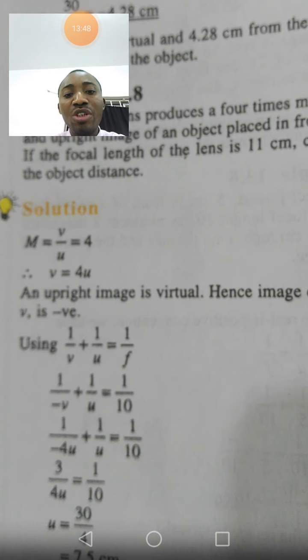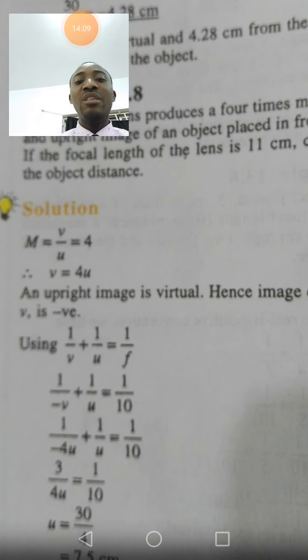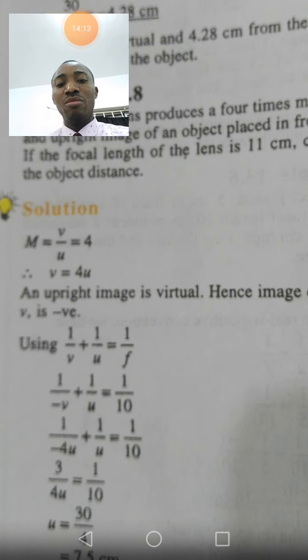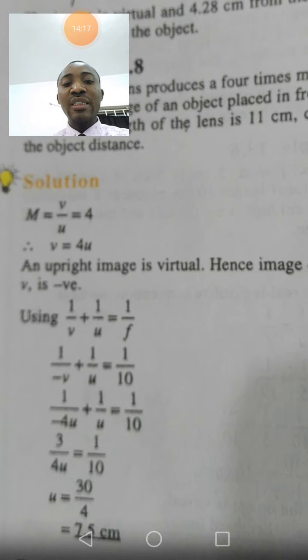Now, this equation, 1 over v plus 1 over u is equal to 1 over f, is also called the mirror equation, and it is useful here also. From the question, our f, which is the focal length, is 11 centimeter. Now the image is 4 times the object. That means if the object is u, then the image is 4u. That's the implication. So coming back to the equation, since it's a virtual image, our image will be negative.